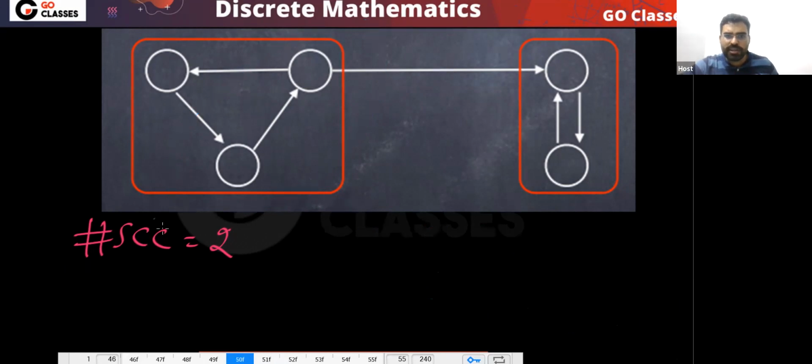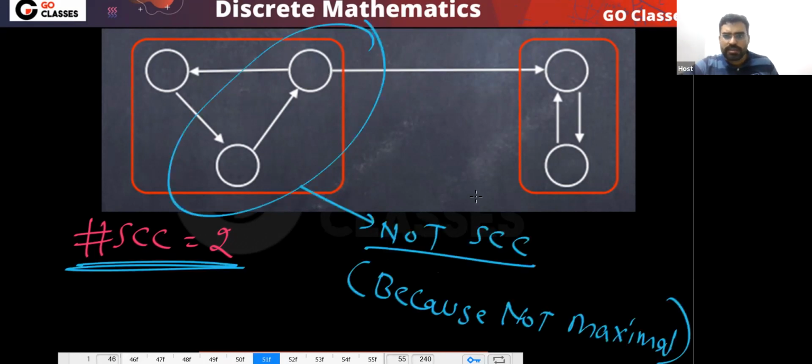So the number of strongly connected components is 2. Similarly, this is not a strongly connected component because it is not maximal. You must take maximal.